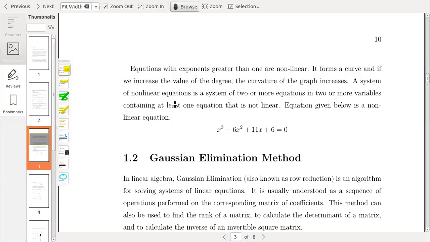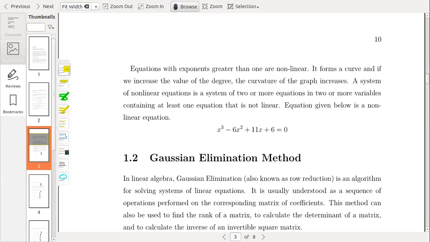A system of nonlinear equations is a system of two or more equations in two or more variables containing at least one equation that is not linear. Okay. So for example, if we have a system of three equations and two of them are linear, but one is nonlinear, then also we will say that this is a system of nonlinear equations.